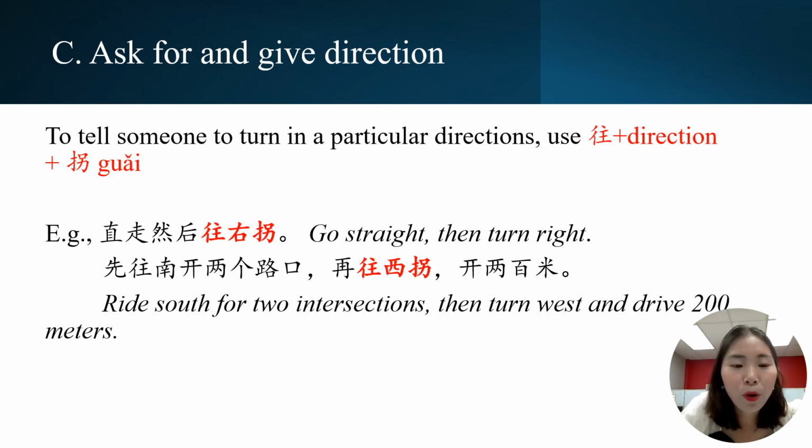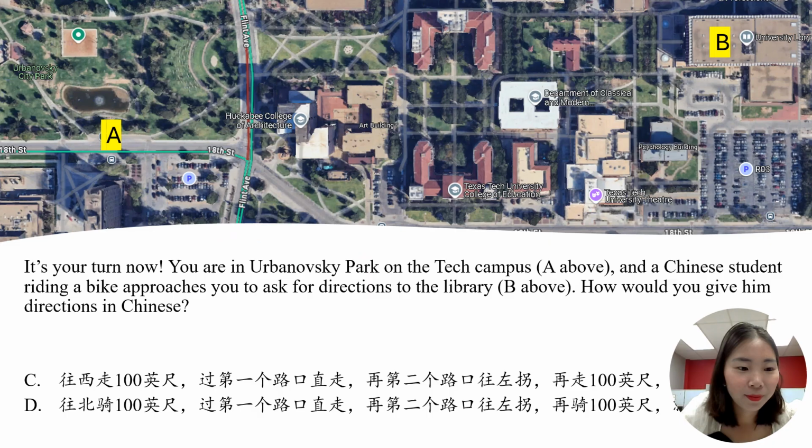To tell someone to turn in a particular direction, use 往 plus direction plus 拐. 直走,然后往右拐 go straight, then turn right. 先往南开2个路口,再往西拐,开200米。Drive south for 2 intersections, then turn west and drive 200 meters.